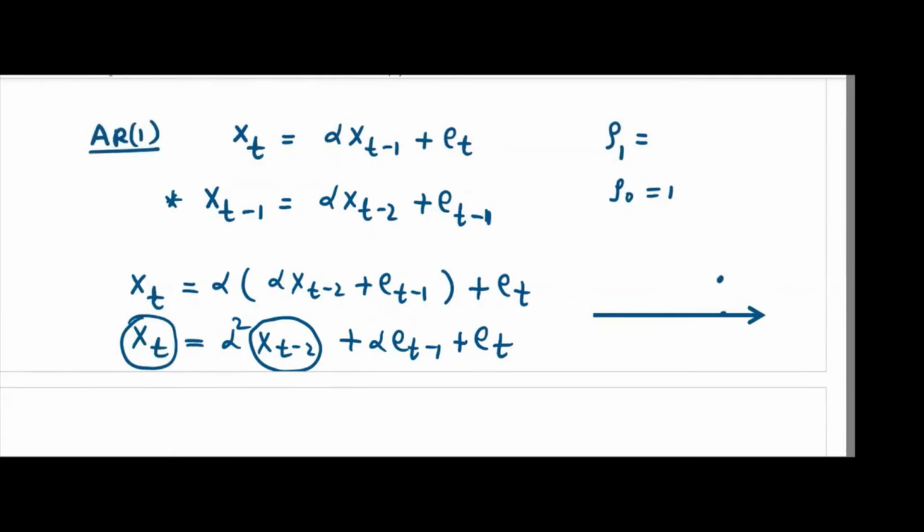Suppose you want to find the value here and you think that it will depend through this link. It will depend on this one. So there is a direct link, this one to this one. This is AR1, right? And this one to this one, direct link. I'm talking about direct link, the autocorrelation. We'll go to partial autocorrelation also later. There is a link between this one to this one.